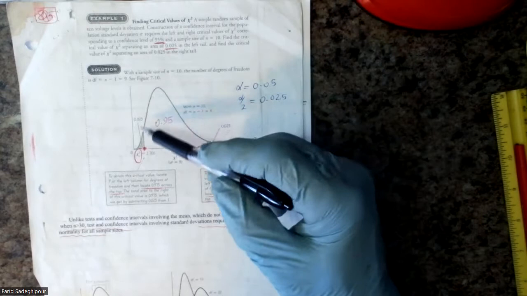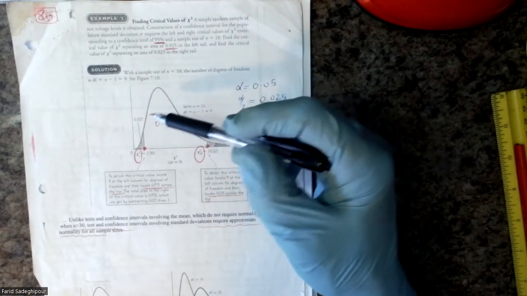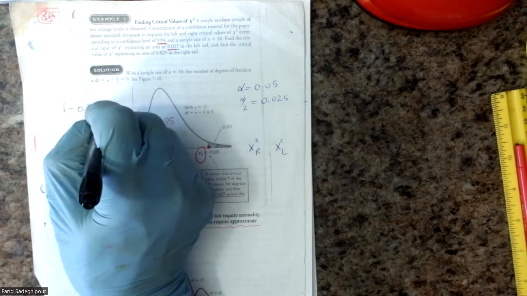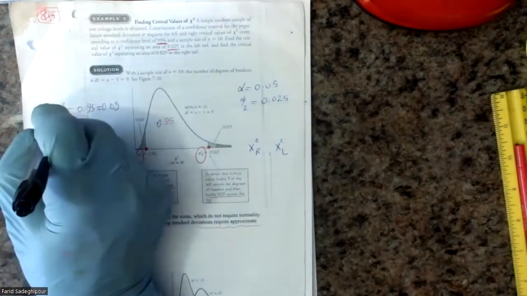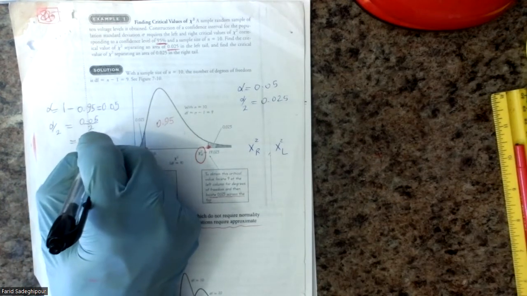So if the confidence level is 95%, then the difference, 1 minus 0.95, is 0.05, which is our alpha. And if we divide it by 2, it would be 0.025. That would be the area of each tail.